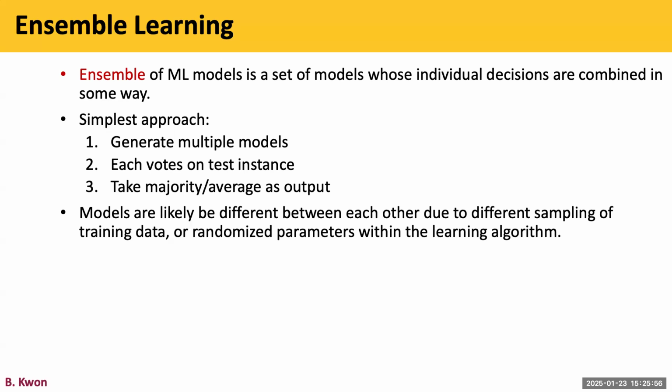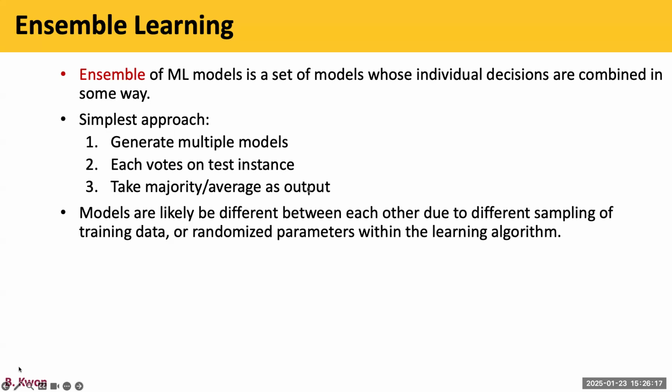So to be safe, people use the ensemble learning method. Basically you generate multiple models, make each model create its output, and then you collect them and take the majority or average as the final output.